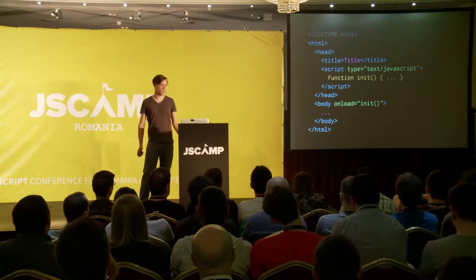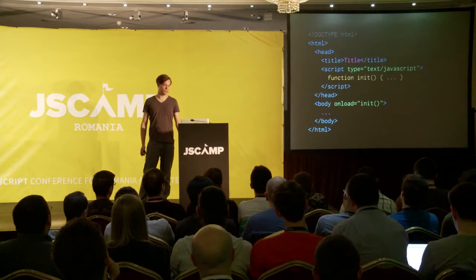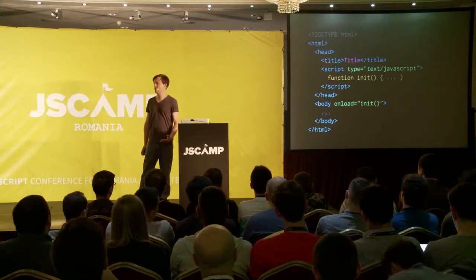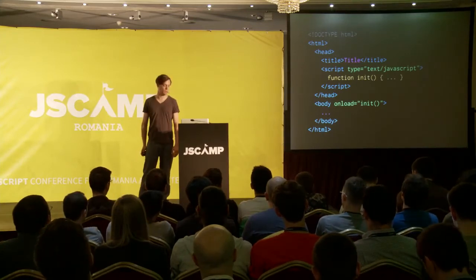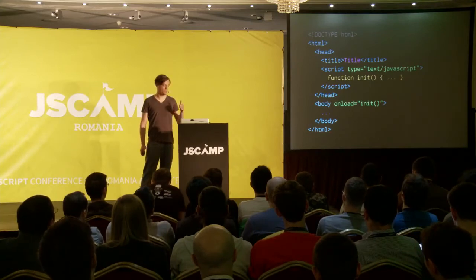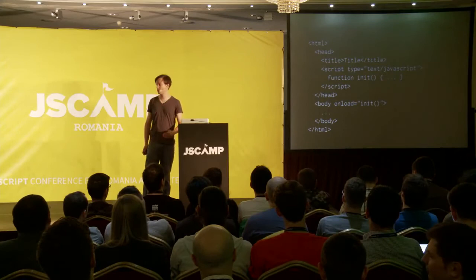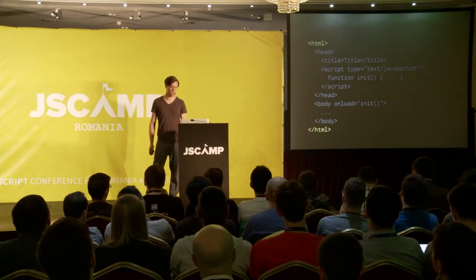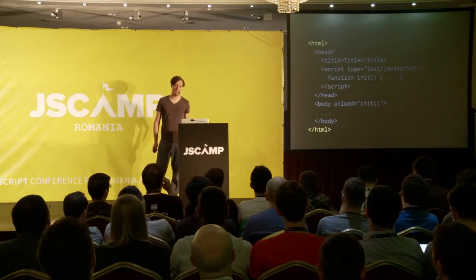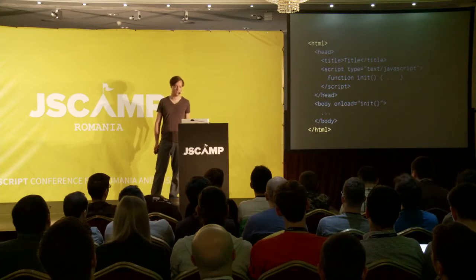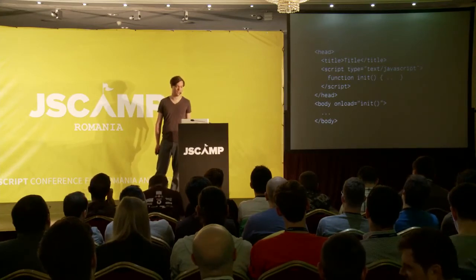If you take this, then we can think, okay, what is really needed here to execute JavaScript in an HTML file? One thing that we don't need is the doctype, so it works even without a doctype. We don't need the HTML tag, this surrounding, so get rid of that.